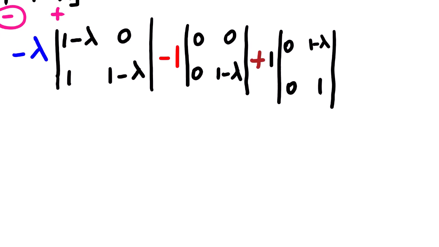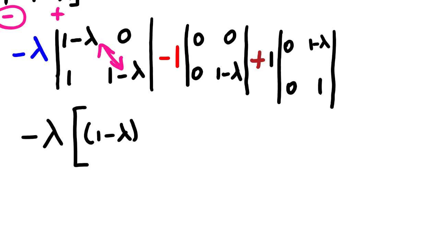Then from here we can work out the determinant. For the determinant of a 2 by 2 matrix, we simply multiply the diagonal and then minus the second diagonal. So we have these diagonals: 1 minus lambda multiplied by 1 minus lambda, minus 1 multiplied by 0, it's 0.